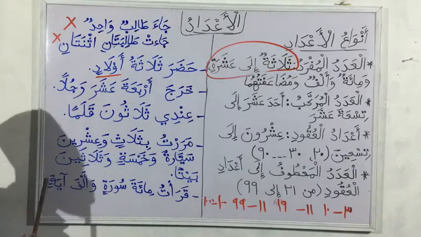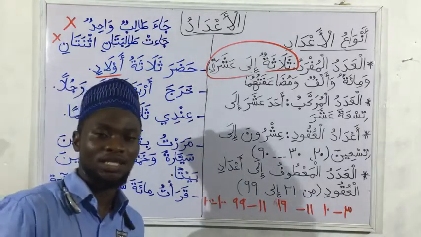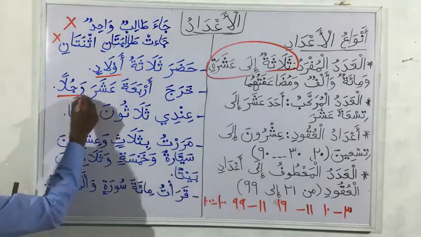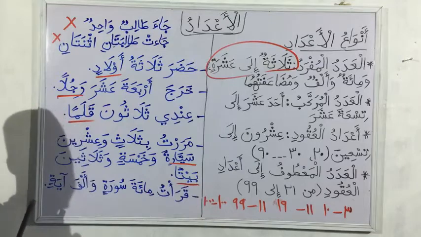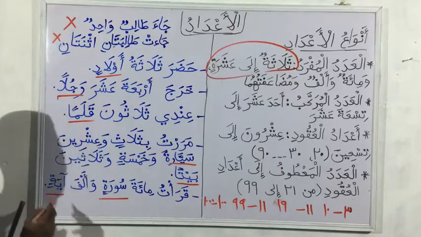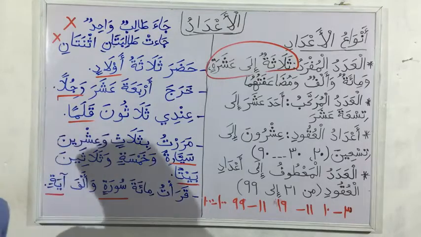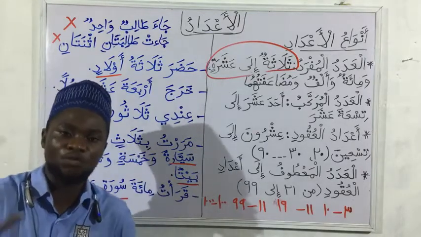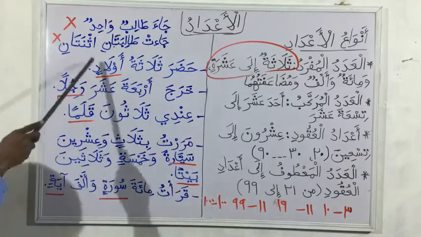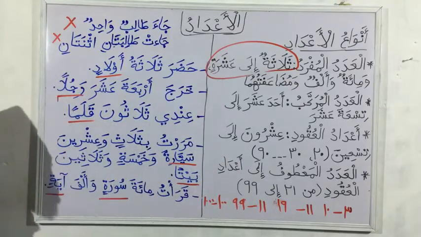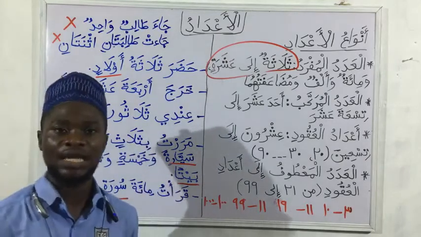All of those nouns that we are using the number to count are the Tamiz: rajulan, qalaman, sayyaratan, baytan, suratin, ayatin. If you remember, we said it is permissible for Tamiz to be in Nasbu state and Jarru state. You can see that this is Jarru, this is Nasbu, this is Nasbu. So it is not going against the rules we have spelled earlier.